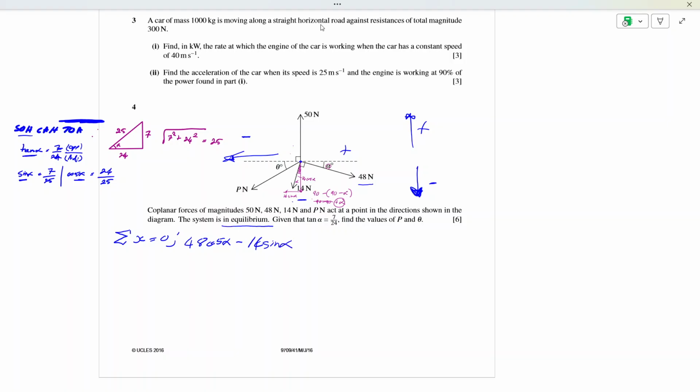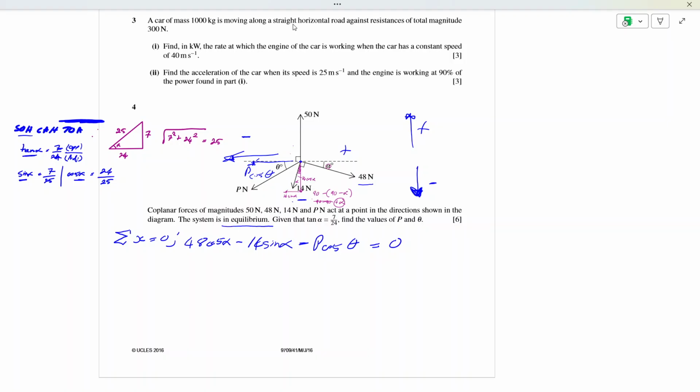And then I'm going to subtract, then I'm going to resolve the P Newton force in that direction, which is going to be equal to P cos theta. Then I'm going to subtract that, P cos theta is equal to 0.